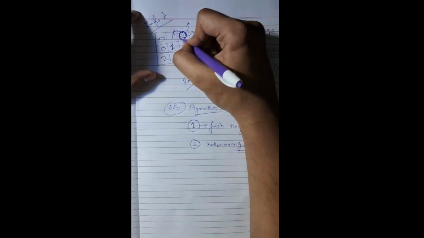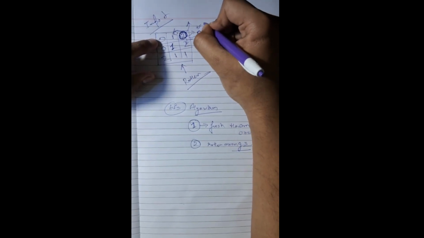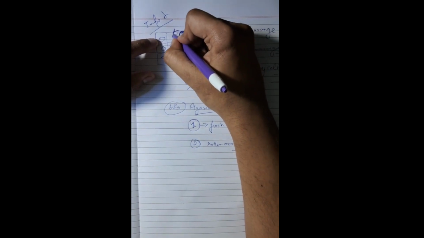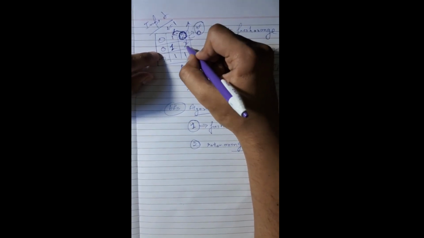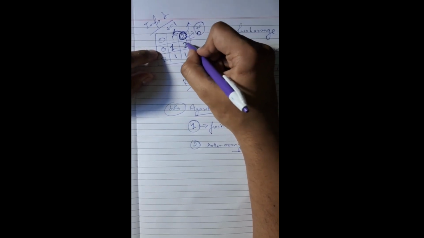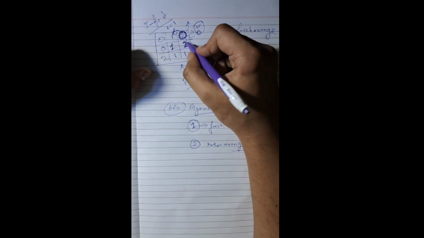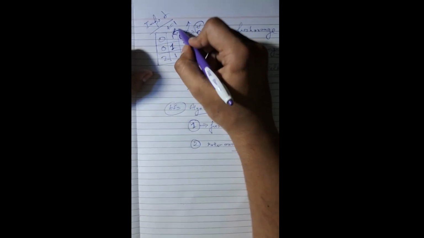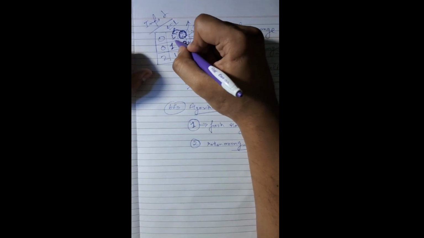I can keep the time taken here as 0. Then when it goes to this one, the time increases to t equal to 1. We won't be going to this element because it is already 2. After going to this one, as the time has increased, we check which elements are neighbors of this.